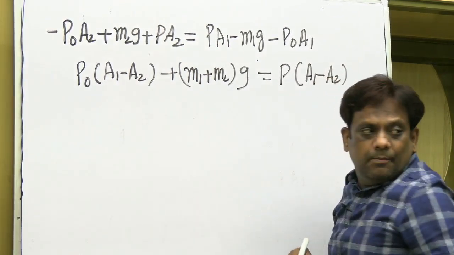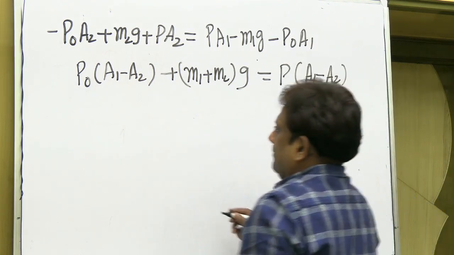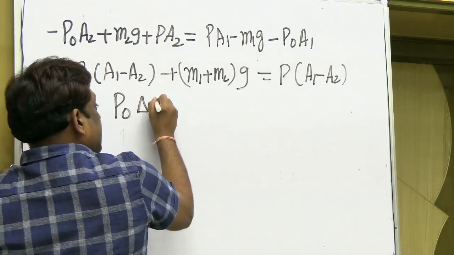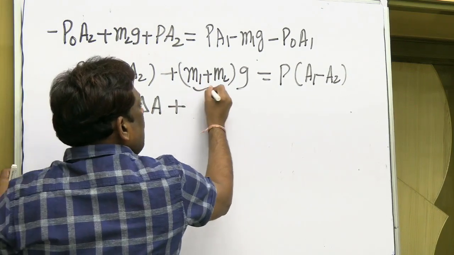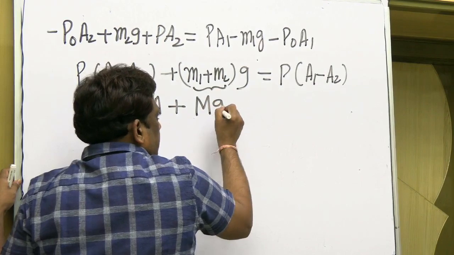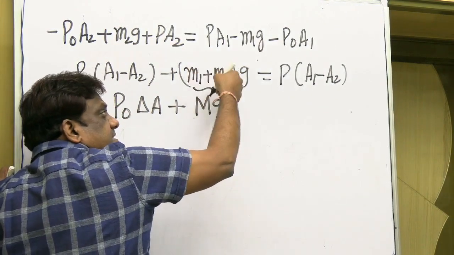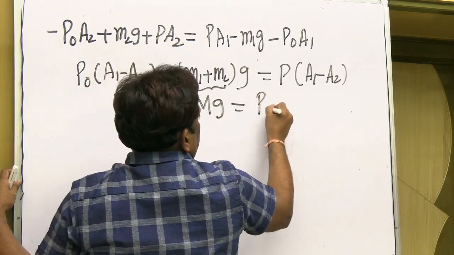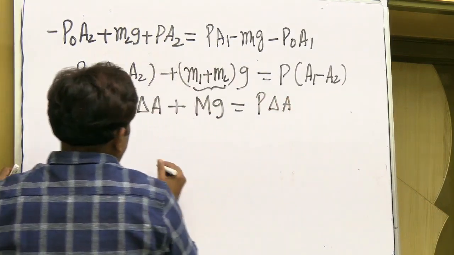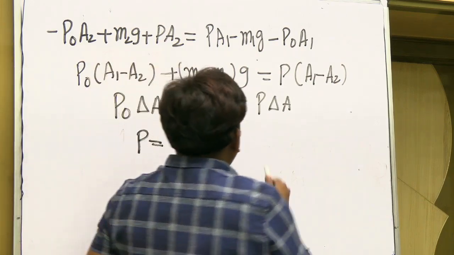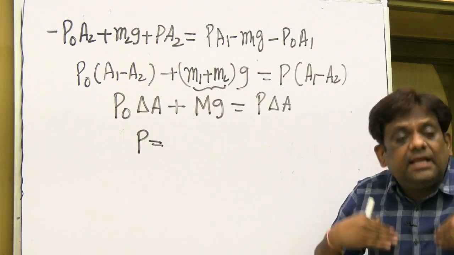So let us write this as P0 delta A, where delta A is A1 minus A2, plus the total mass, let us write it as capital MG, the total mass of first piston and second piston given as 5 kilogram, is equal to P into delta A.